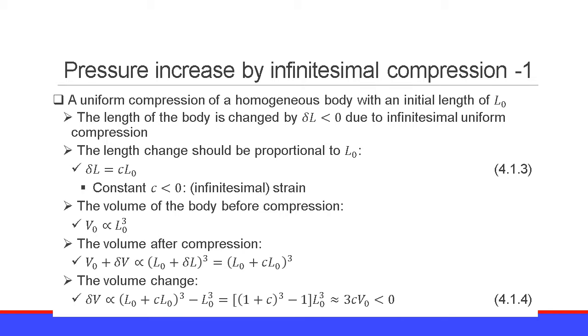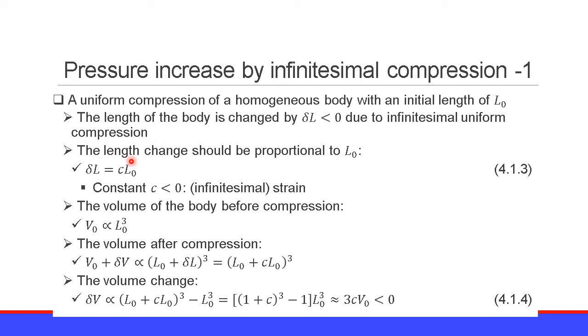Let us briefly discuss the pressure increase by infinitesimal compression. Let us consider a uniform compression of a homogeneous body with an initial length of L0. The length of the body is changed by delta L due to infinitesimal uniform compression.